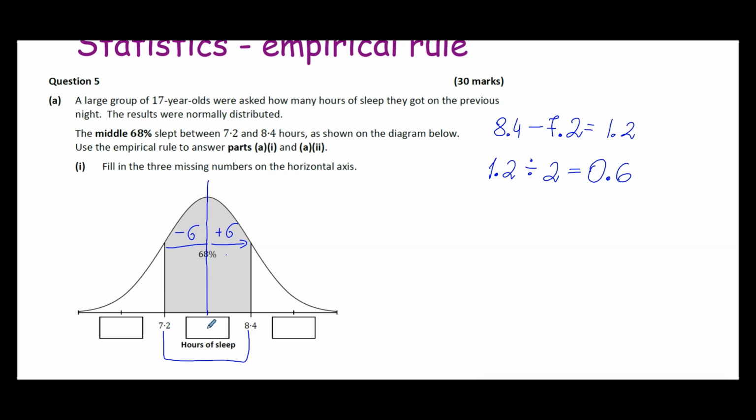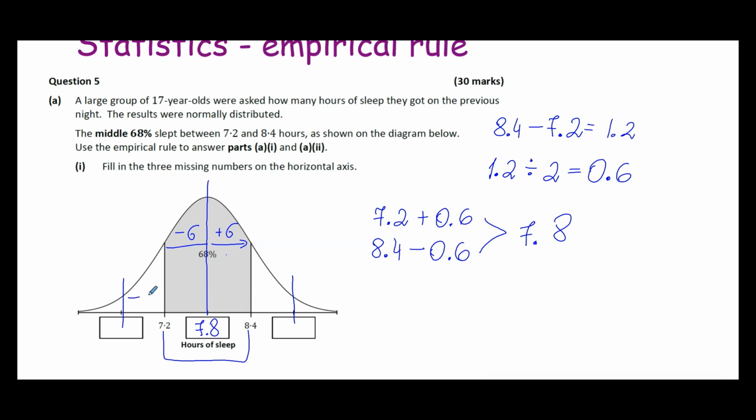So to find what was in the middle, either we add 0.6 to 7.2, or we take 0.6 away from 8.4. Both give us the same answer, which is 7.8. That's the value here. The next one to fill in goes another standard deviation.